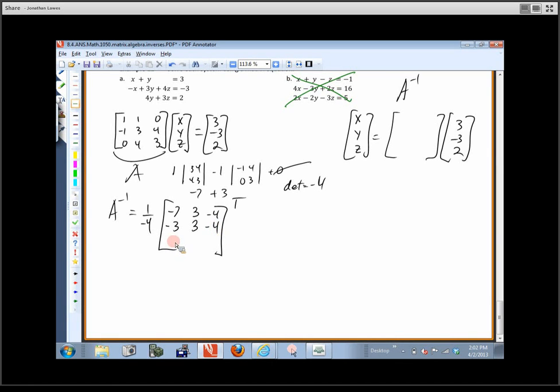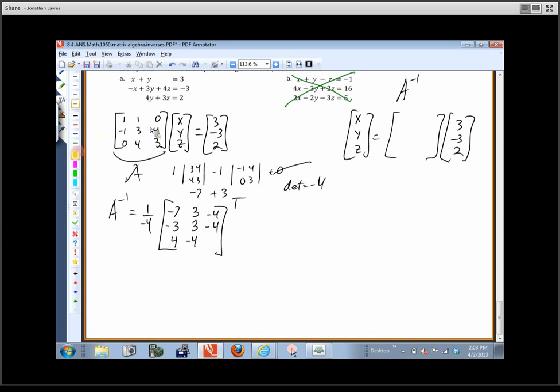Let's do this one. It's a 4. Let's do this one. It's a negative 4. And the last one?